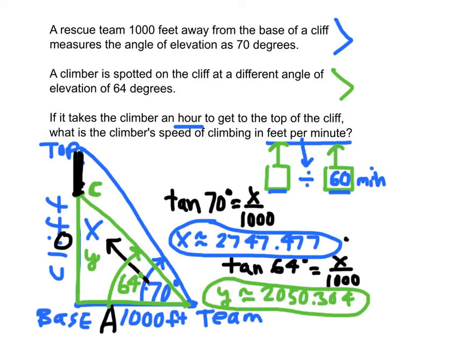So subtract these two from each other, and you end up getting approximately 697 feet. And I'm going to divide that by 60 to find out that they are climbing at a rate of about, I'll round it to the nearest whole number, about 12 feet per minute.